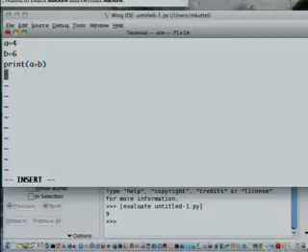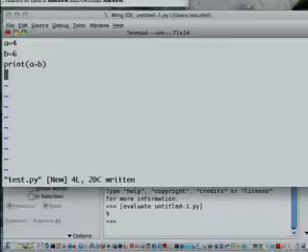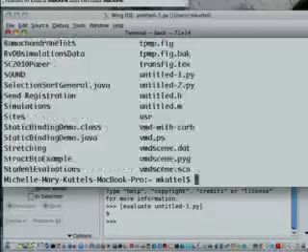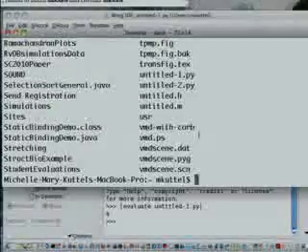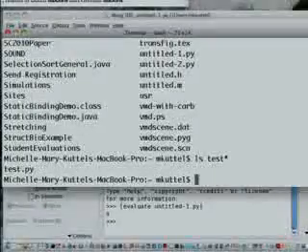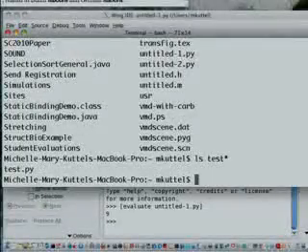Okay, and then I would write it: write test.py. So I've written this file called test.py, and it's sitting in my directory.